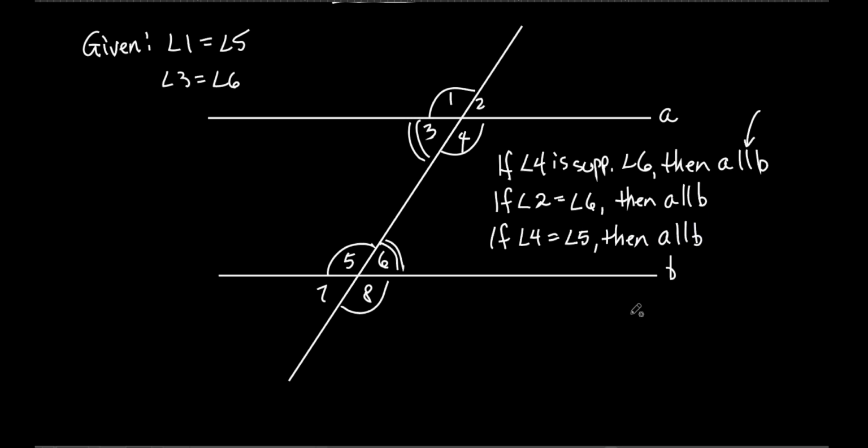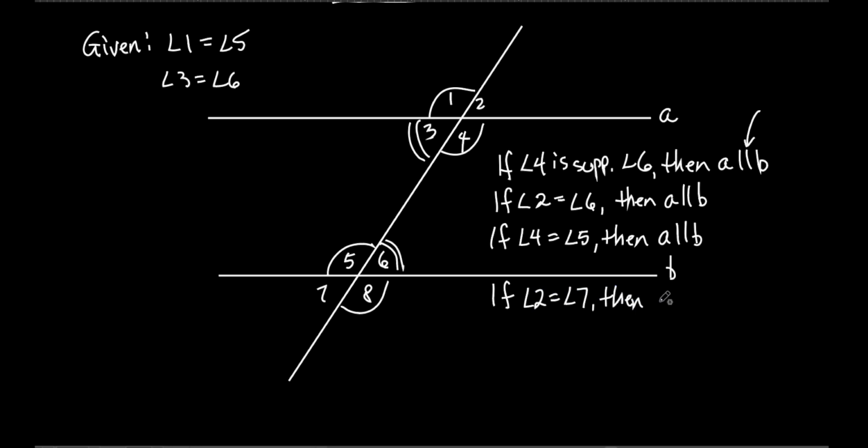Let's do one more. What's the other one? So we got consecutive interior, we got corresponding, we've got alternate interior. What's the other one? Alternate exterior. So give me a set of alternate exterior we haven't talked about yet. 2 and 3. 2 and 3 are not alternate exterior. 2 and 7 are alternate exterior. So if angle 2 is equal to angle 7, then what?